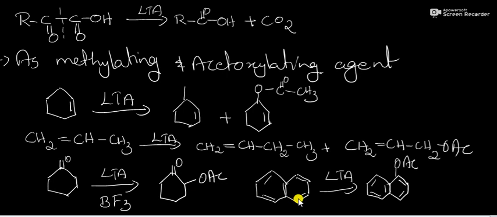Then what is the reaction of LTA with naphthalene? Here naphthalene gets acetoxylated. The acetoxyl group will substitute at this position, that is our alpha position of naphthalene. That's all about HIO4 and LTA. Hope it is clear. Thank you.